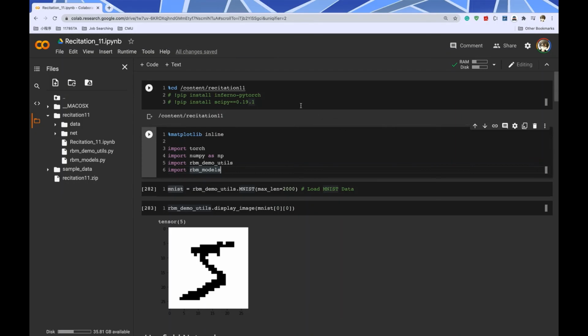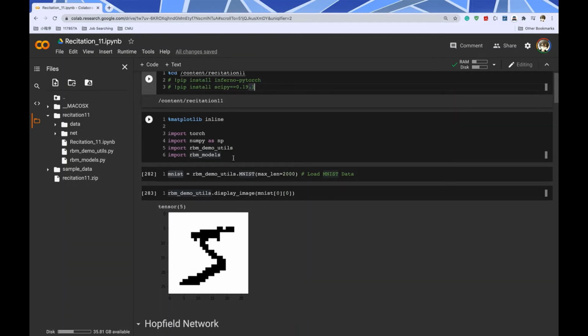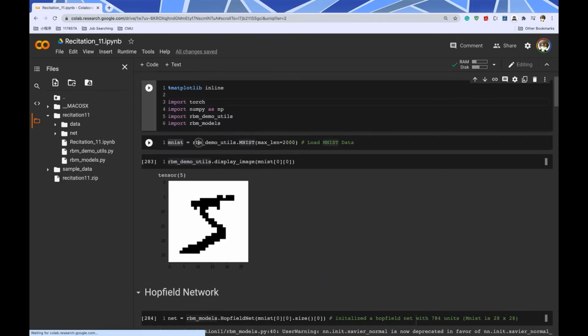Before that, we may want to install some packages to satisfy the dependencies, and then we import a few things, and we load the MNIST dataset using a helper function.